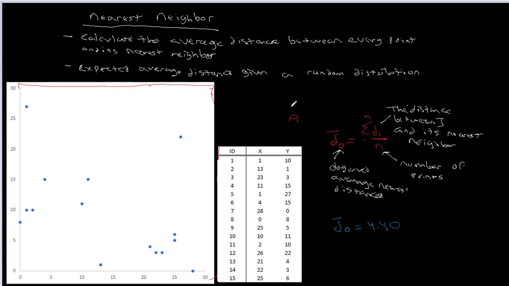We need to know the number of points, and this right here would give you the average number of points per unit area. We'll take the square root of that. And then this part is just another one of those times where we just have a constant. And this constant in this case is going to be 0.5.